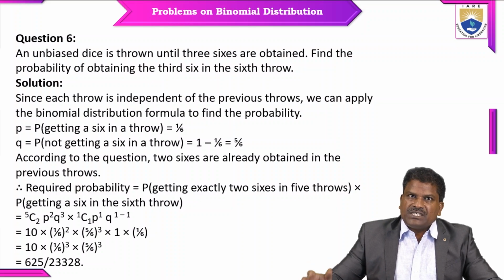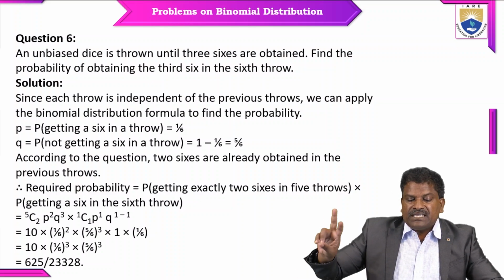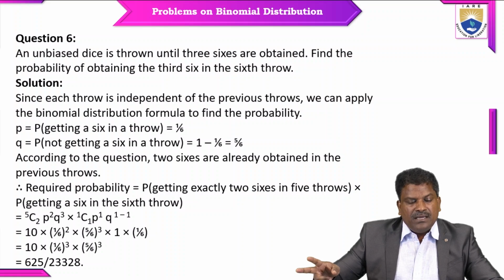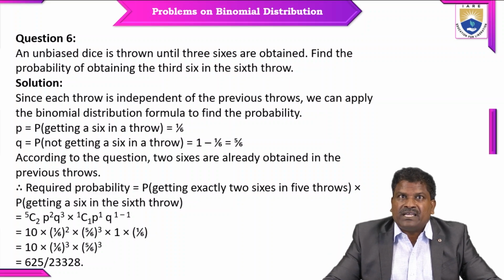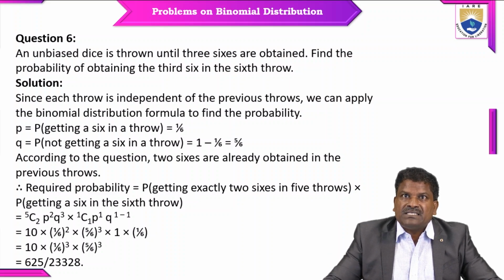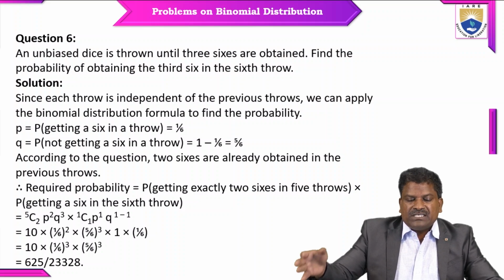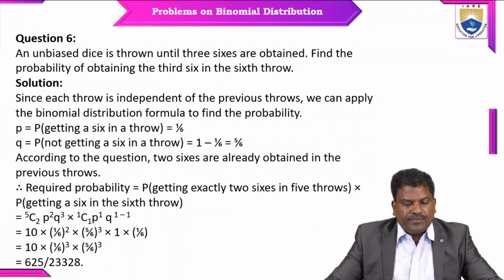So according to the question, 2 6s are already obtained in the previous throws. It is given in the first sentence only: an unbiased dice is thrown until 3 6s are obtained. That's why 2 6s are already obtained.